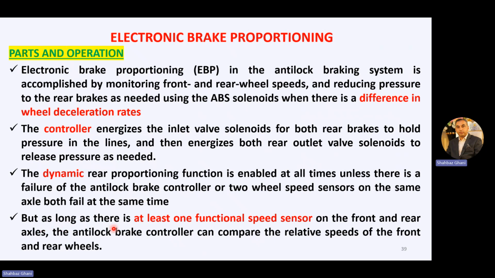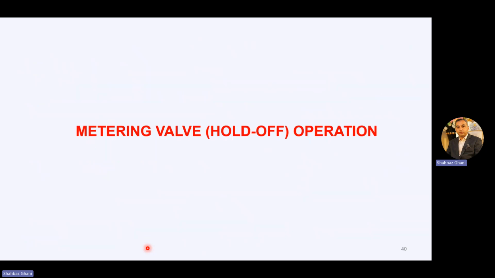But as long as there is at least one functional speed sensor, instead of both wheel sensors being faulty, then this dynamic rear proportioning function is enabled. If one of the sensors is working, then on the front and the rear axle, the anti-lock brake controller can compare the relative speed of the front and the rear and then apply the pressure for the braking system.